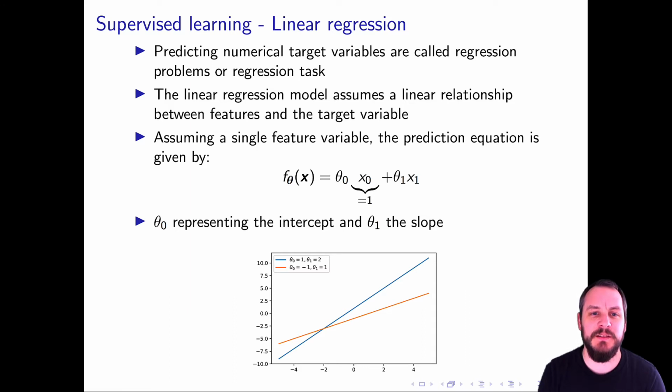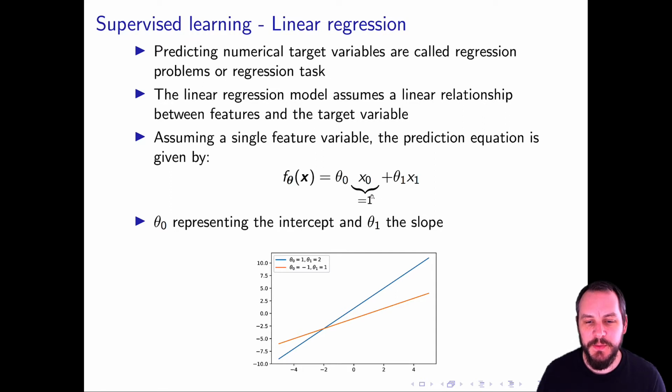And the model itself is just a weighted sum of feature variables. So here you can see the example with only one feature variable, and the impact of the feature variable for the prediction is weighted by a parameter. And also typically we have a constant in the model.